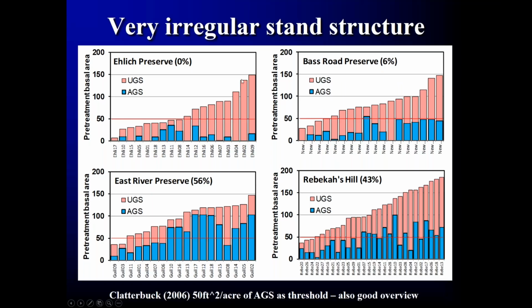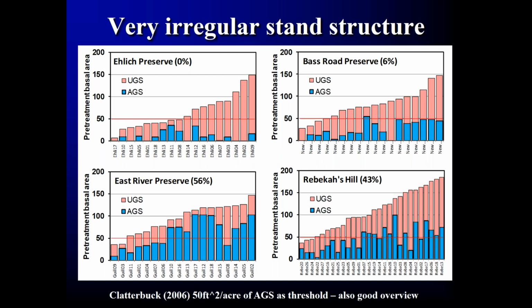And just to give you an example, this is from a rehabilitation study I'll talk about a little bit later, where we put in tenth-acre plots and measured UGS, unacceptable growing stock, versus AGS, acceptable growing stock. And you can see that within individual stands, it can be all over the place. Some stands have almost no acceptable growing stock, like the upper left, the Erlick Preserve.